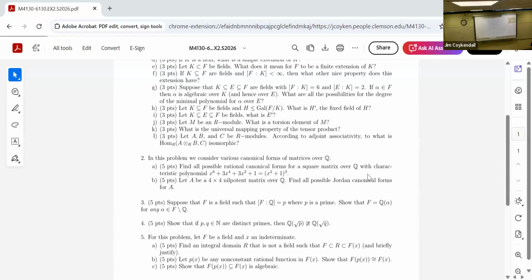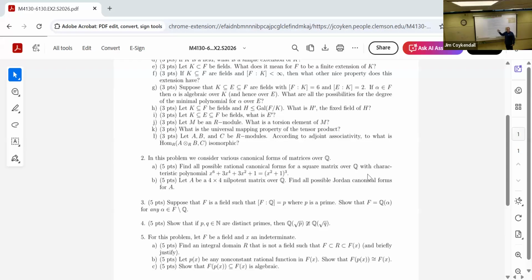There would be no difference. The rational canonical and the primary rational canonical forms coincide in this particular problem. Do you know why? X squared plus one is prime. That is right. This thing is a single prime cubed.